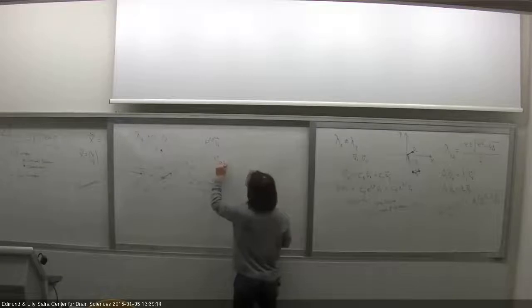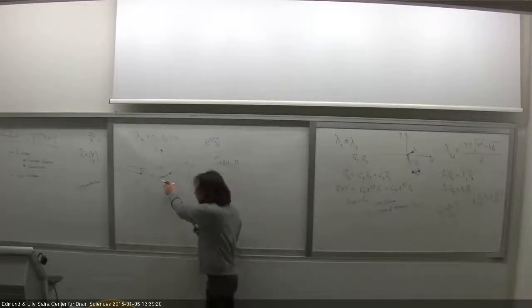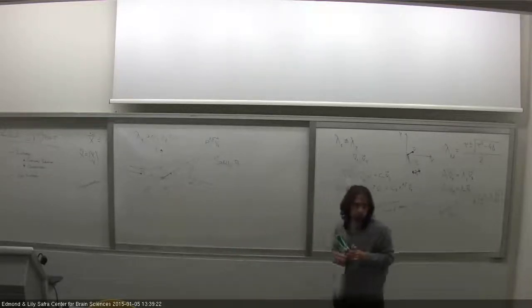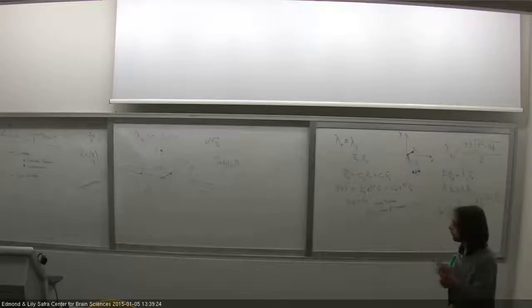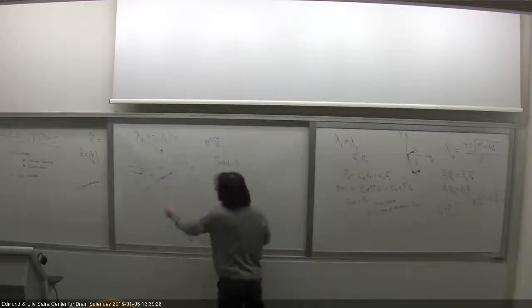And this is a saddle point. So I leave it empty, because according to our notation, it is an unstable point. It should be empty.